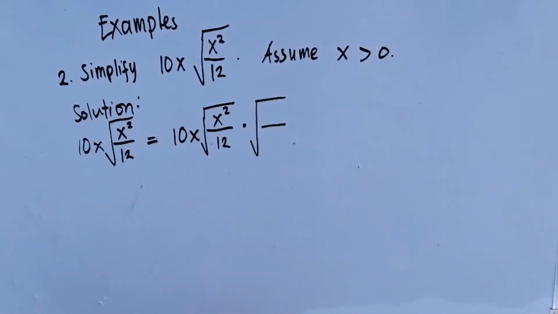Okay, example number 2. Simplify 10x times the square root of x squared over 12. Assume that x is greater than 0. The solution: all you have to do is multiply the radicand by 3 over 3 to make the denominator a perfect square.